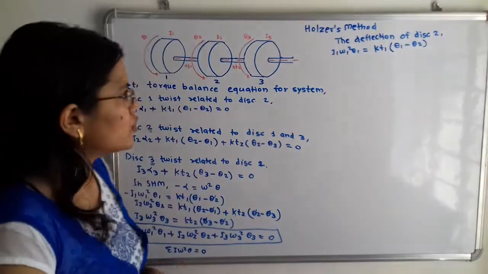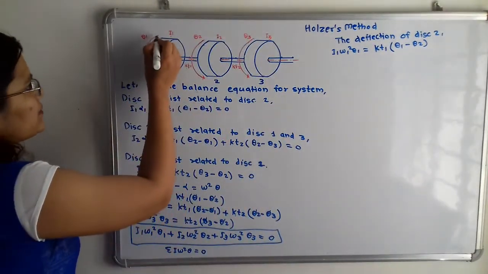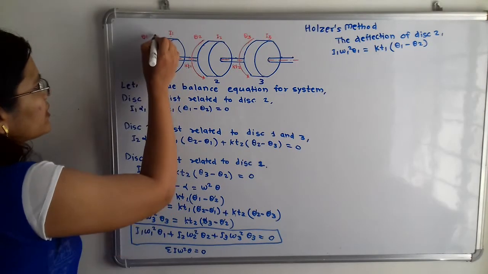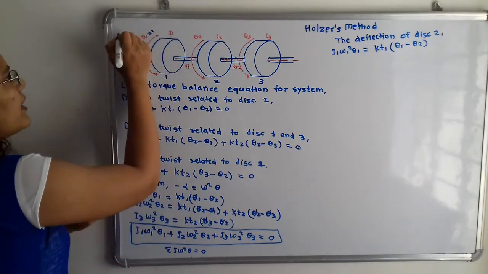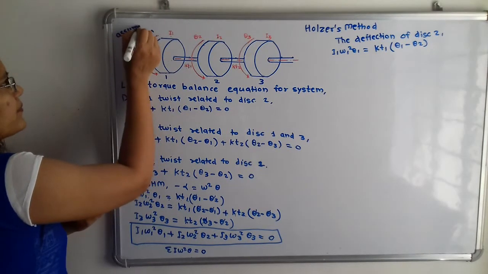So if we assume omega, then the displacement of disk 1, that is theta1, will become unity.